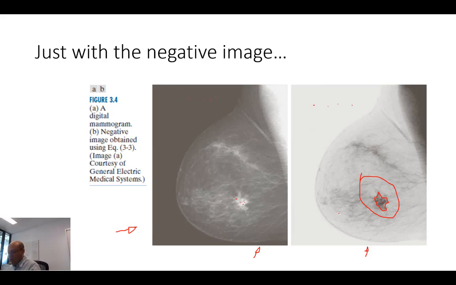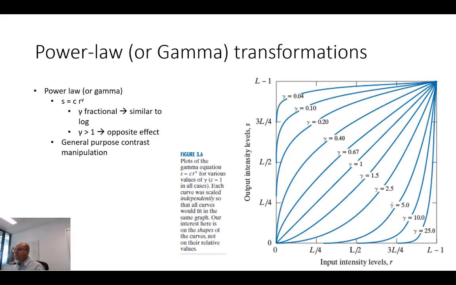Why is that? Well, we discussed the illusions a couple of lectures ago, and that's part of the human visual system. That's one of the characteristics of the human visual system.